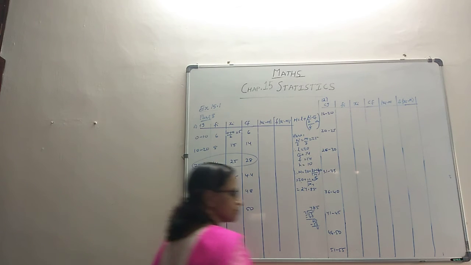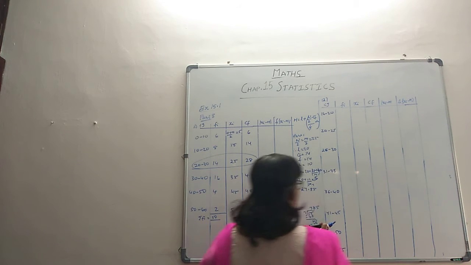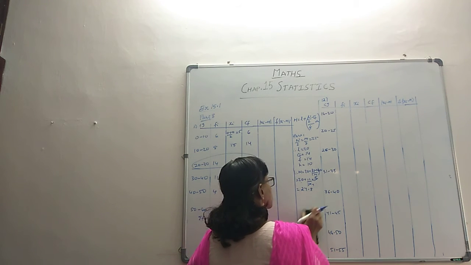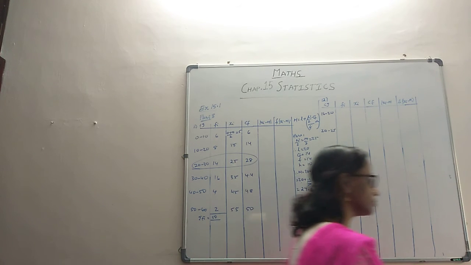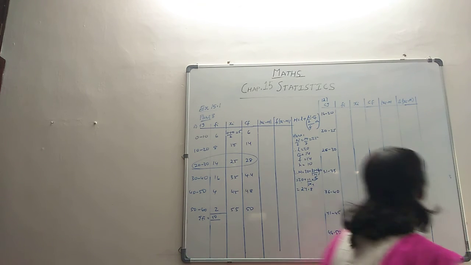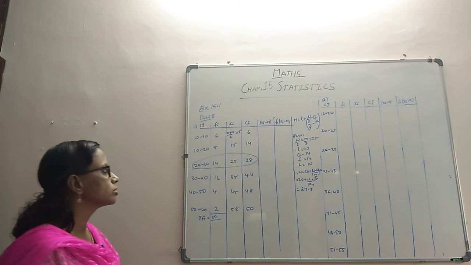We'll keep only one decimal, because subtraction is involved and 2 decimals will make it difficult. So we'll keep it as 27.8. I also cross-checked, yes, it's correct. So that is the median.